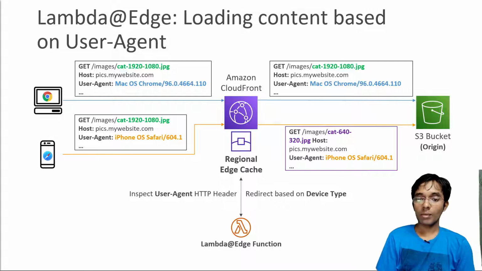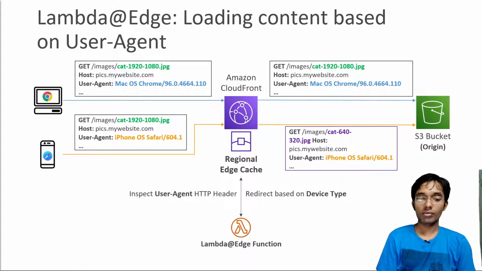But imagine that the same request is done from our mobile device, and this time the user is not Chrome. It is like the iPhone OS Safari. Now what we can do is, instead of sending this big image back to our mobile, which may be very inefficient, we can have Lambda@Edge functions that will inspect the User-Agent HTTP header and then redirect based on the device type.